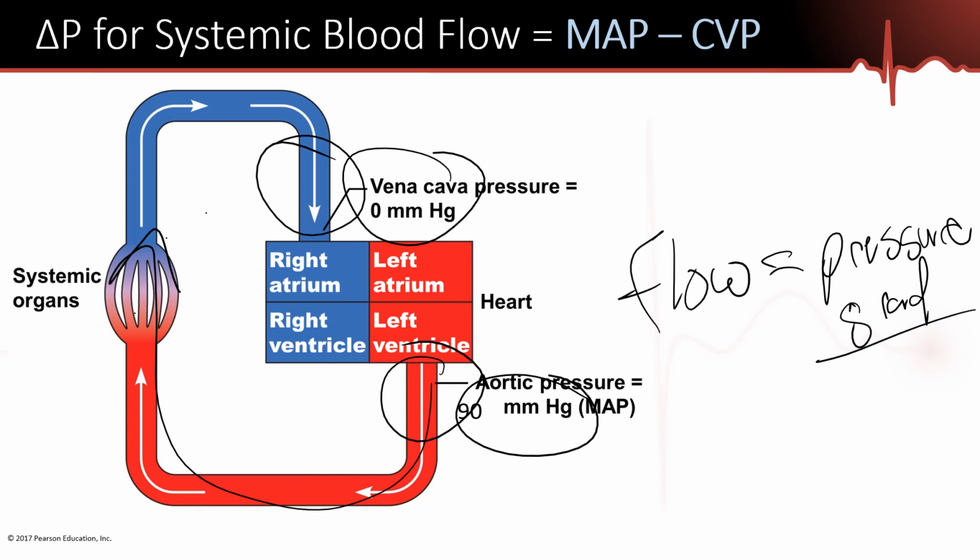So blood naturally moves from the high pressure systemic arteries towards the low pressure systemic veins. That's the first part of understanding the flow of a fluid, in this case blood, through a circuit, in this case the cardiovascular system. The fluid or the blood is going to move from a higher pressure towards a lower pressure.